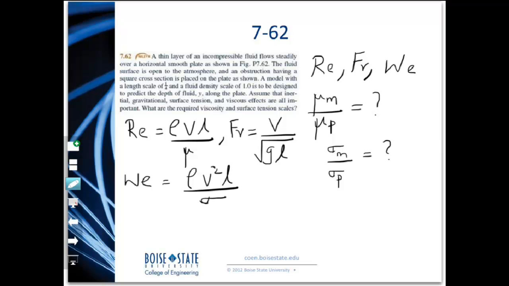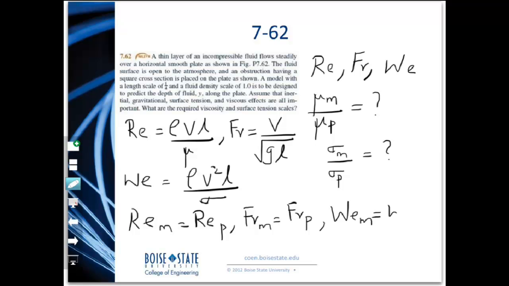So for us to solve this problem, we need to make sure Re_m is equal to Re_p. Similarly, Fr_m is equal to Fr_p. That means the Froude number for the model and the prototype should also be matched. And similarly, the Weber number for the model and the prototype should also be matched.